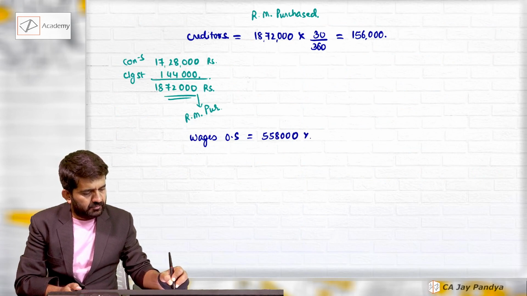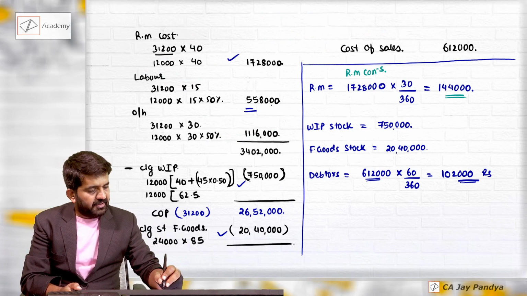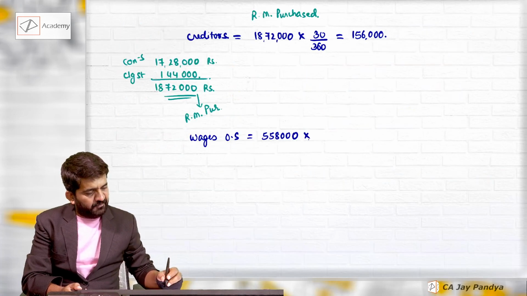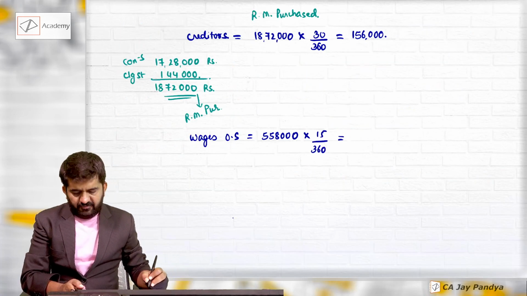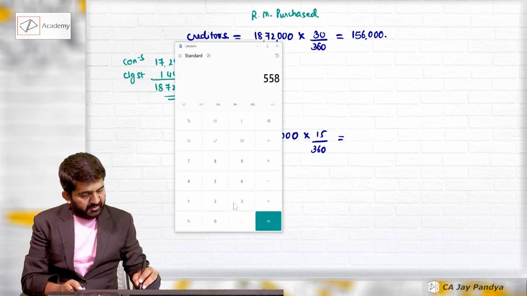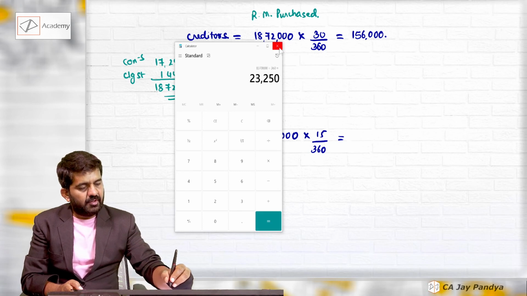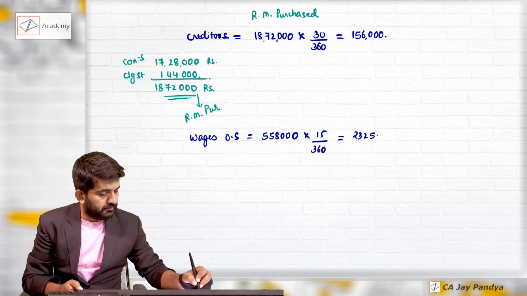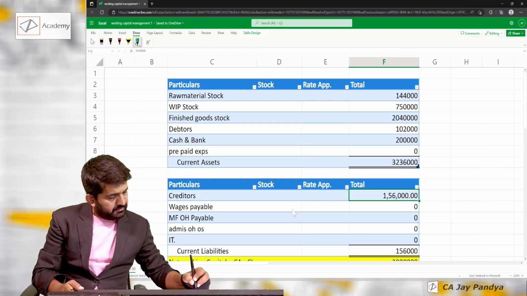This is the total wages incurred during the year, 5,58,000, and wages are lagged by 15 days. I will be getting the answer of outstanding wages, 23,250. This is my outstanding wages.